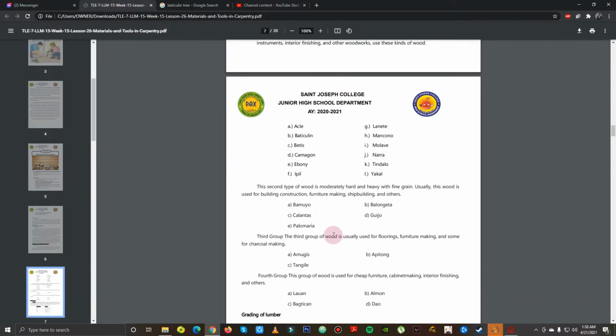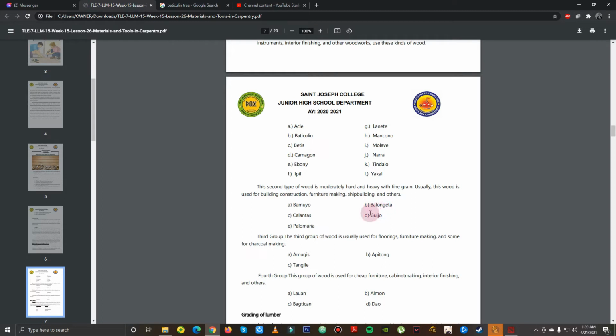Okay. The second type of wood is moderately hard and heavy with fine grain. So ang second type of wood, bugat siya, and also fine grain. Usually this wood is used for building construction, furniture making, shipbuilding, and others.